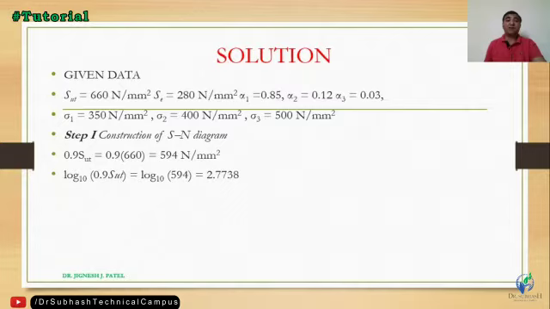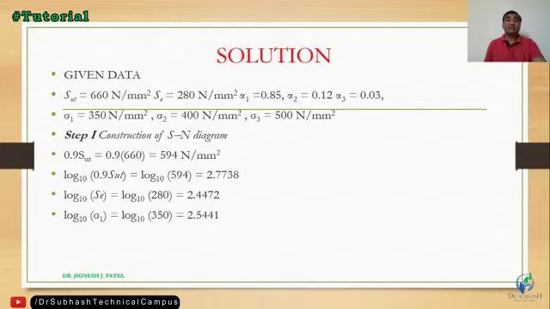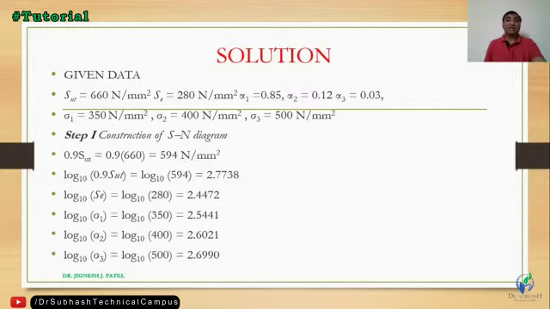Now find log SE, which is equal to 2.4472. Then log sigma 1 is equal to 2.5441, log sigma 2 is equal to 2.6021, and log sigma 3 is equal to 2.6990. Now with the help of all this data, construct the S-N diagram.